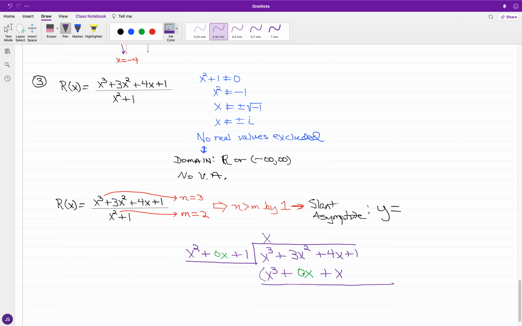Again, you don't have to write the 0x, but you'll just have a gap that exists here. So with subtracting, x cubed goes out, and we're going to bring down 3x squared. And 4x minus x leaves us with 3x, and we can bring down the plus 1.